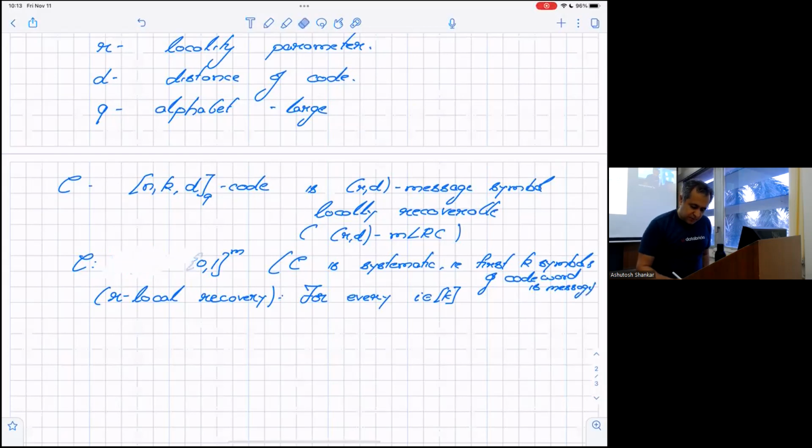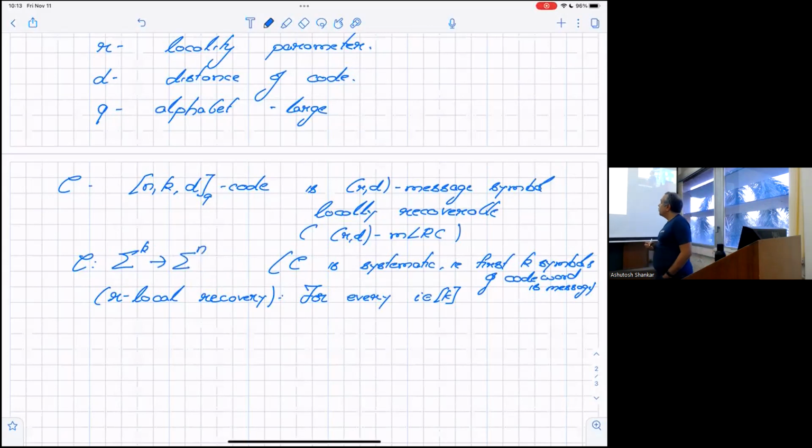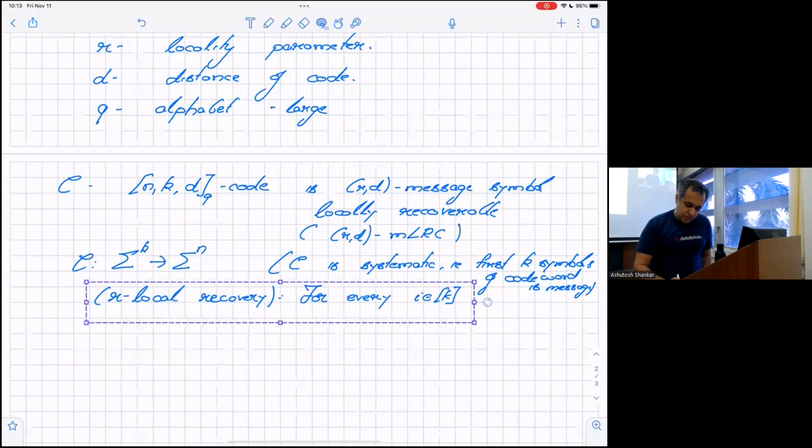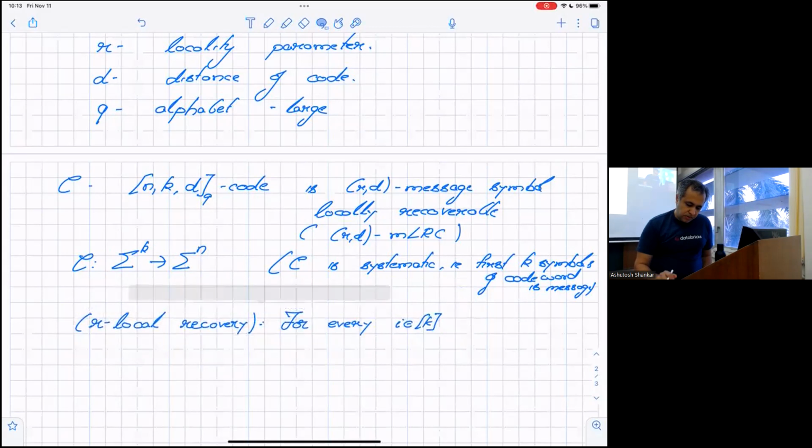Mistake. This is not large. So it's not 01, whatever it is. What do we want from this? For every i in K, what do we want to say?